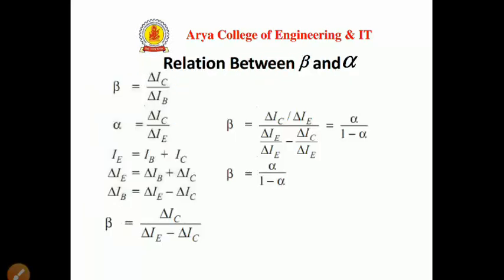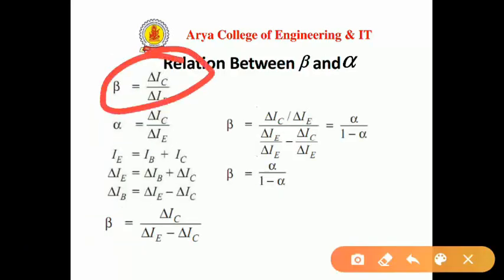Now we have some relation between beta and alpha. Beta equals del IC upon del IB, and alpha equals del IC upon del IE. So we have IE equals IB plus IC, and it is written as del IE equals del IB plus del IC. Put the values.